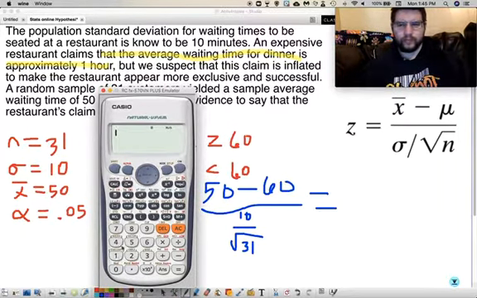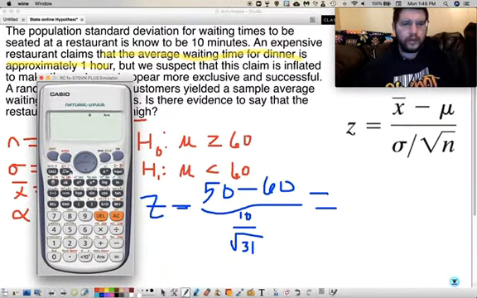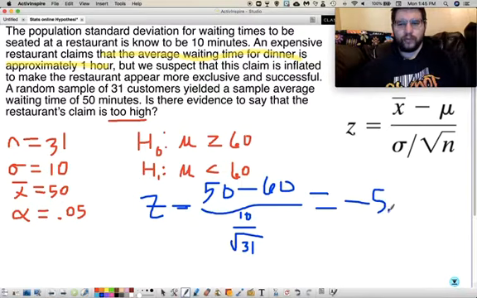Go mode 1. So I'm going to do a fraction, 50 minus 60 over 10 over the square root of 31, and that gives me negative 5.57. Store that. What was that again? Negative 5.57.